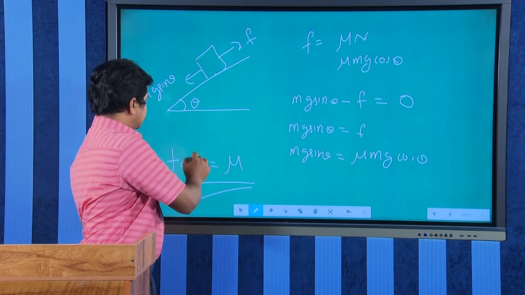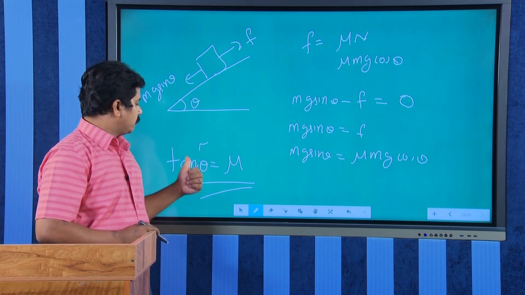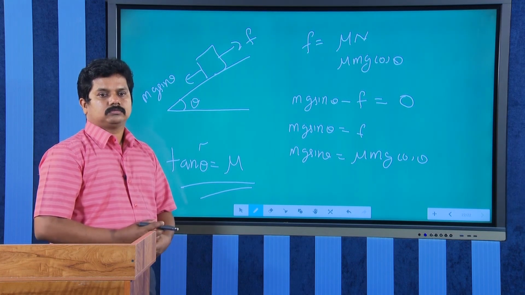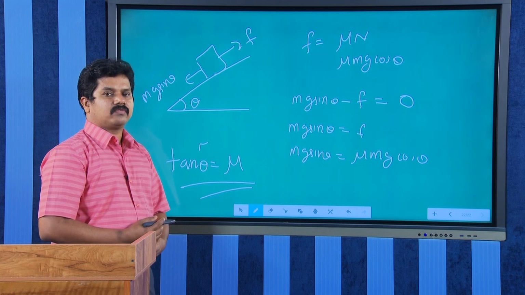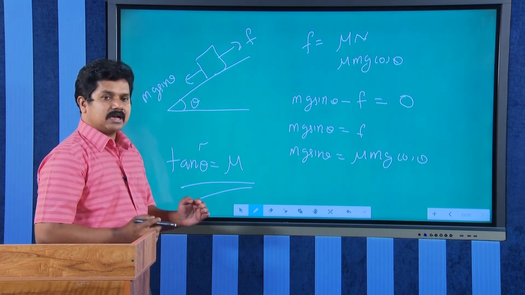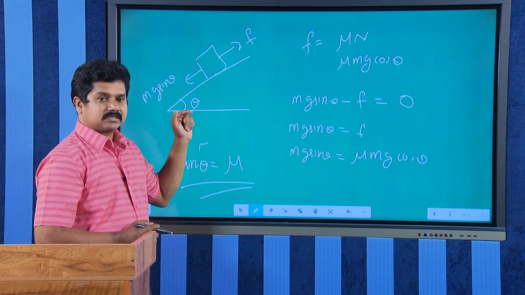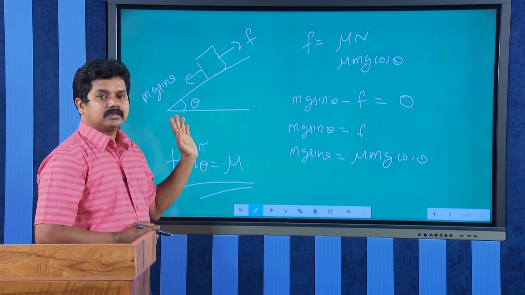This theta is called the angle of repose. So, tan of angle of repose will be equal to mu. Okay. Angle of repose means the inclination of the plane at which the block just starts sliding on the plane.